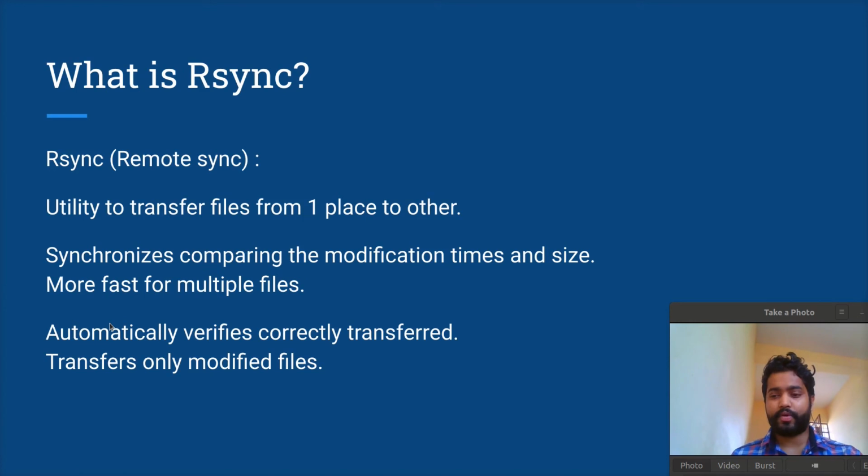So once you have transferred a directory from your local to your application instance, and if the files were not transferred properly and you run the same command, it will only copy those files, guys, which were not copied previously or which have been modified. Others will be kept as they are.